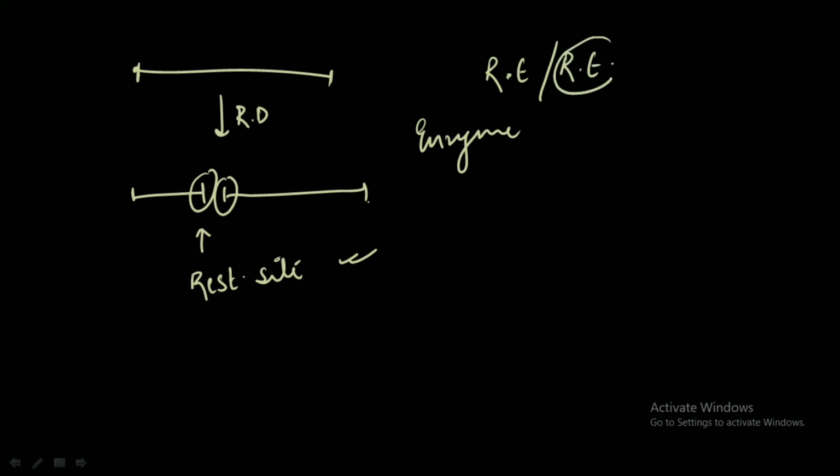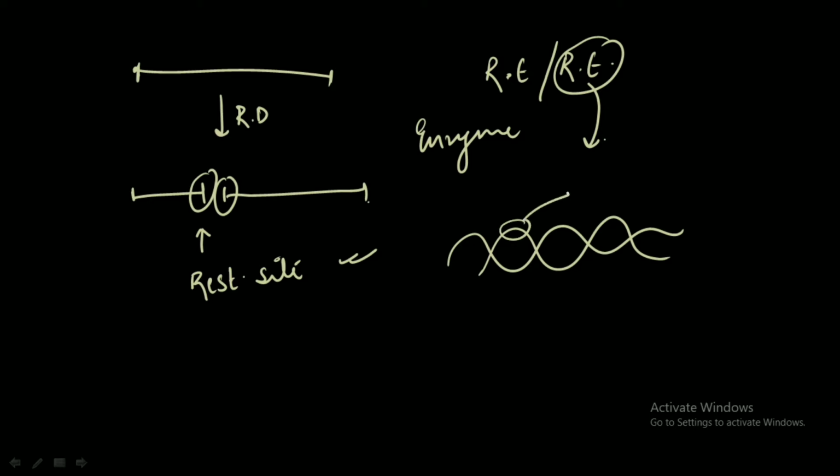What these restriction endonucleases actually do is this: as we already know from our previous knowledge, the structure of DNA contains sugar-phosphate bonds. So in order to cleave the DNA at specific sites, the restriction endonuclease needs to cleave the bonds between the sugar and the phosphate in the DNA backbone.